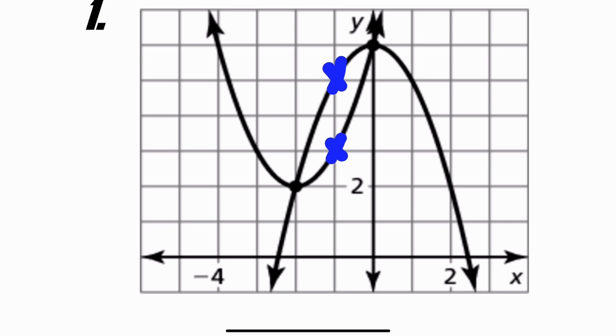The way we're able to determine that this is not a system is by seeing that these points do not meet. So essentially on a graph, a system is the points that any kind of equation's line meets, right? When we have two equations.